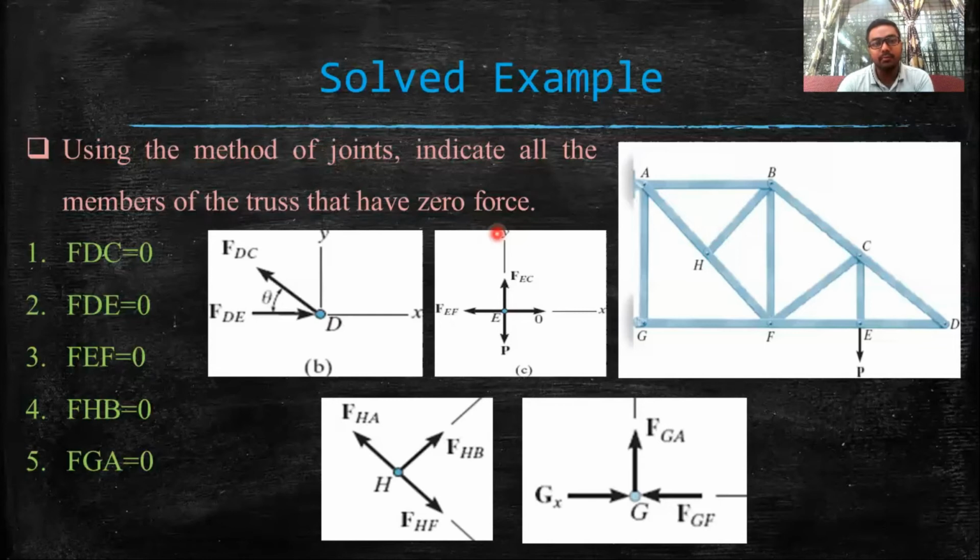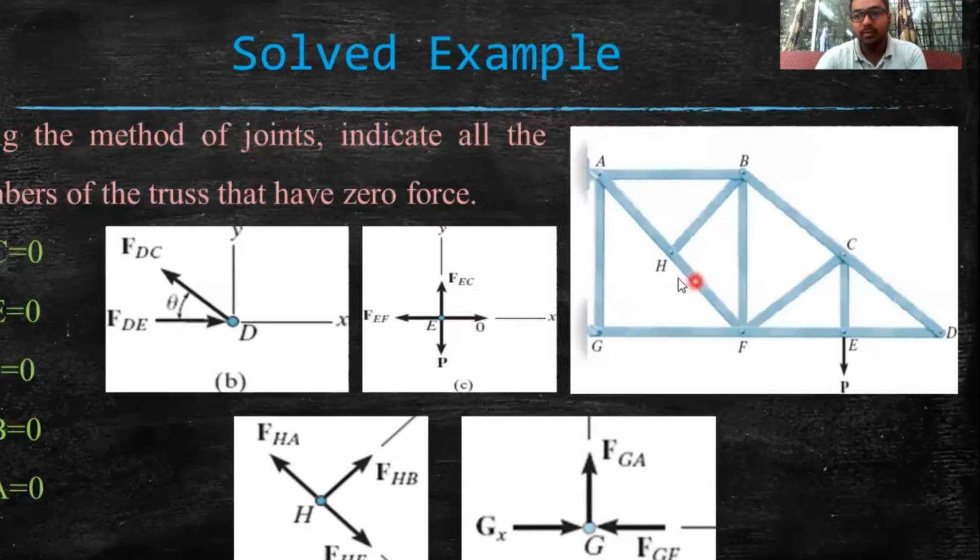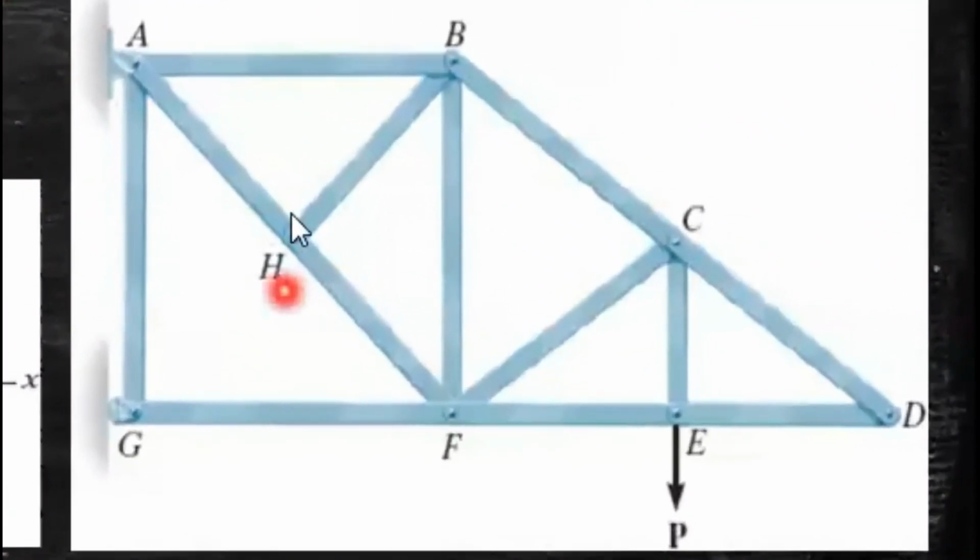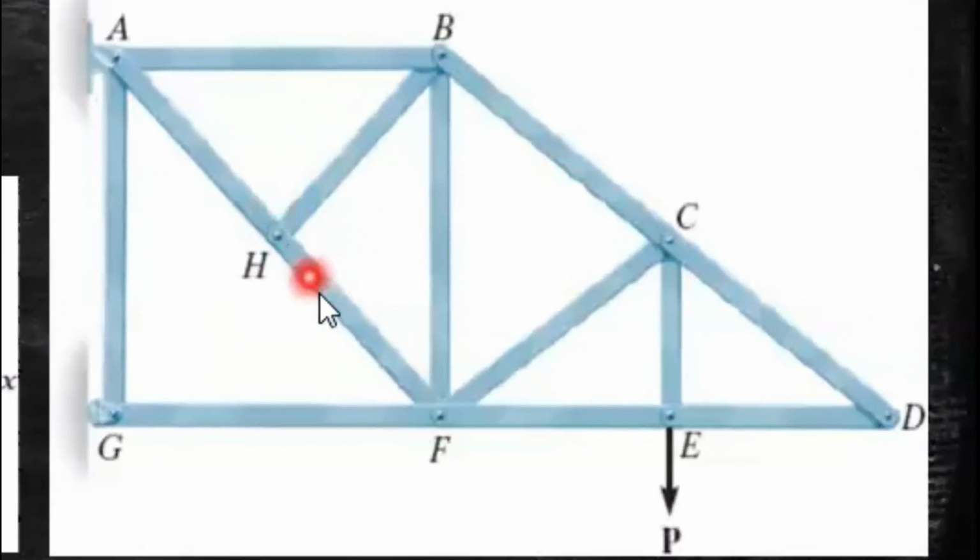Now, if we start with joint D, sorry, let me start with joint H. If we start with joint H and draw the free body diagram of this particular joint H, we can see that this member BH is at an angle of 90 degrees with the AF.